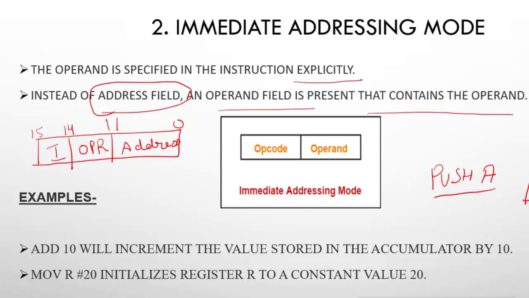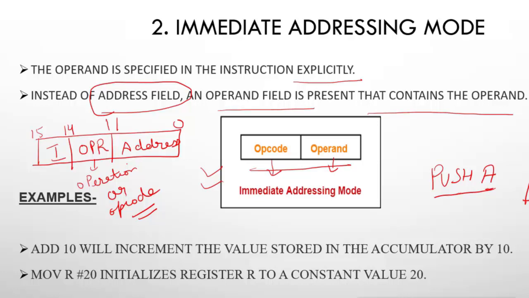But in the immediate addressing mode, there is no field that is storing the address. You can see here that this is a diagram for the immediate addressing mode. Here there are only two fields. One is opcode, or you can say operation code, and this is the operand.